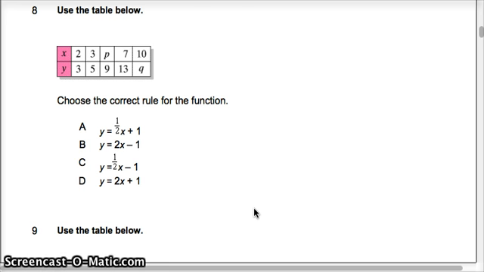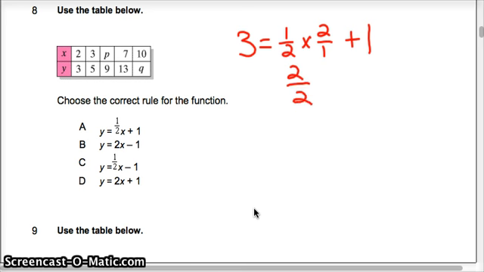So if I put in 2 right here, and I said 1/2 times 2 over 1, plus 1, would that equal 3? 1/2 times 2 over 1 is really going to cancel out and just be 1, so that's 2 over 2 plus 1. 2 over 2 is 1, plus 1 would be 2. So that one would not work, and that cancels A out as a possibility.